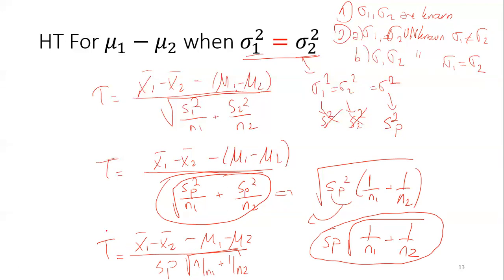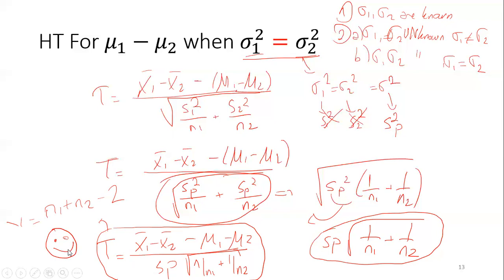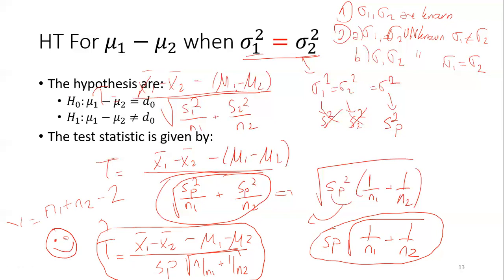I will use it in hypothesis testing and in the confidence interval. The difference between this one and the previous t random variable is that the degrees of freedom here is very easy: n1 plus n2 minus 2. This one is easier, great.